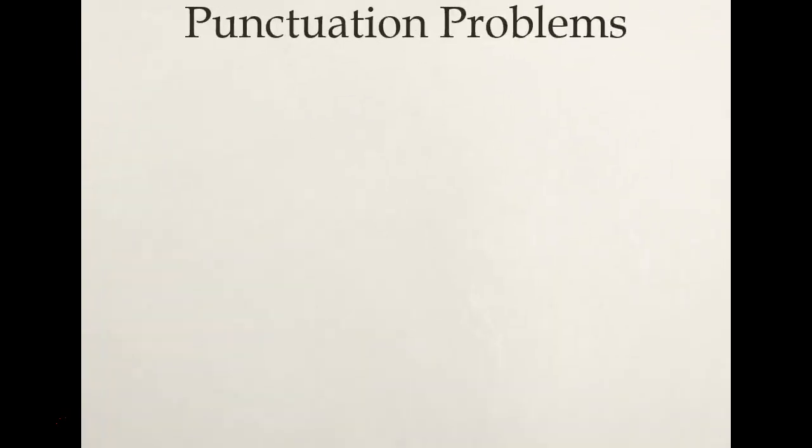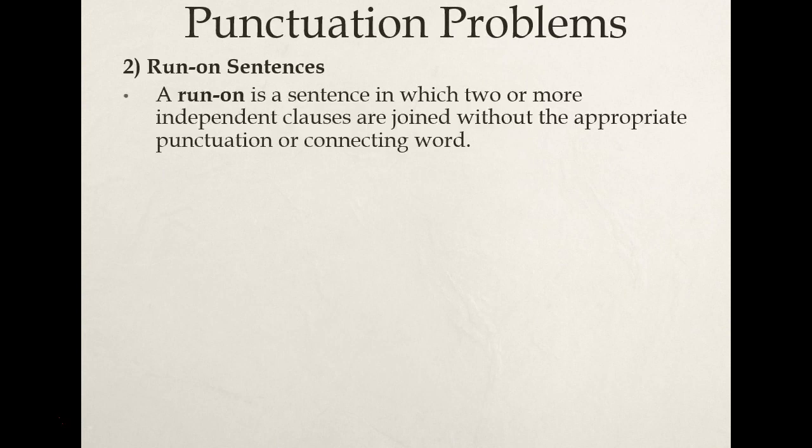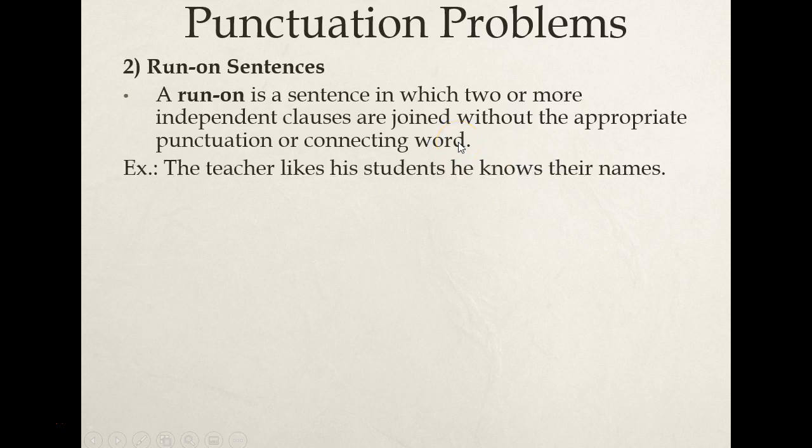Another sentence error problem that comes up a lot are run-on sentences. So what is a run-on sentence? That's when two or more independent clauses are joined, this time with no punctuation or connecting word at all, no comma at all. For example, the teacher likes his students he knows their names.